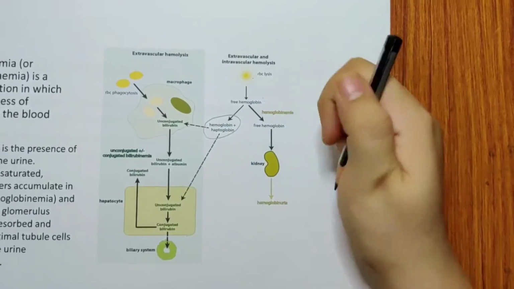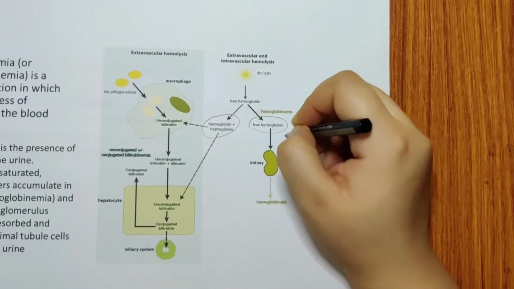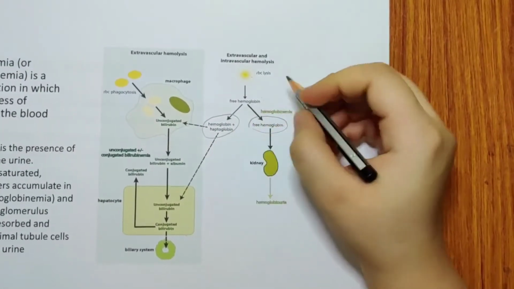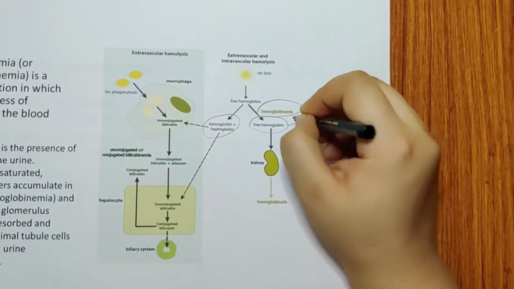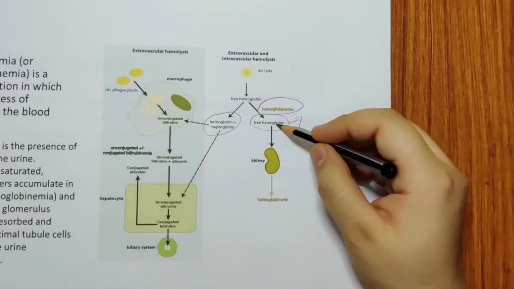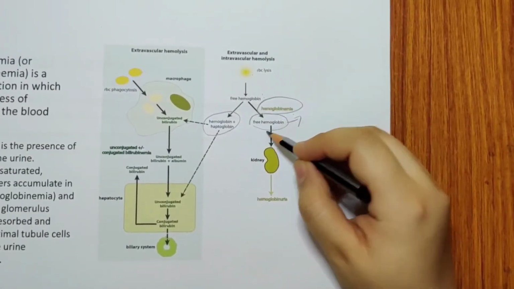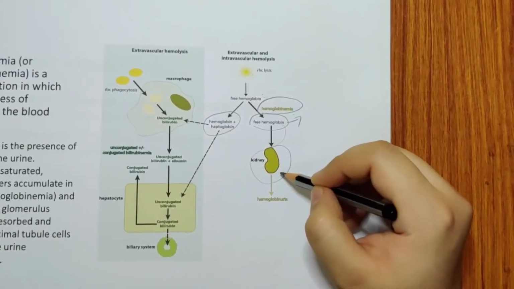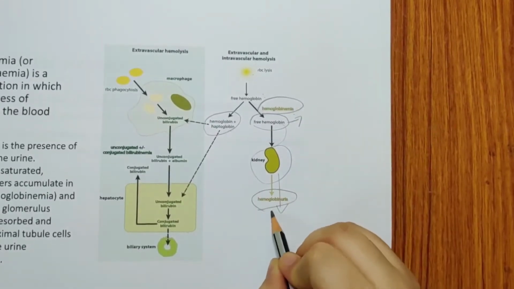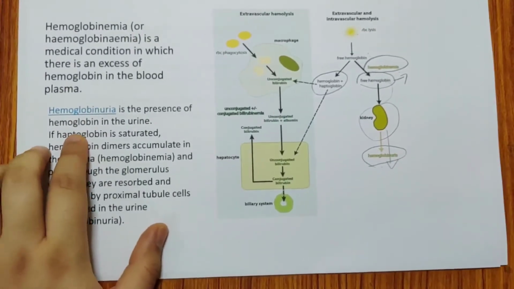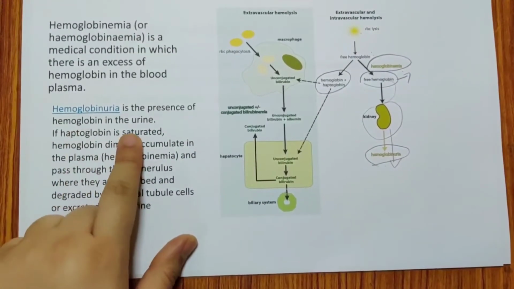But sometimes there is so much free hemoglobin but not that much haptoglobin. So this is known as hemoglobinemia. And when this blood with free hemoglobin enters the kidney, it is excreted by the kidney, which is known as hemoglobinuria.